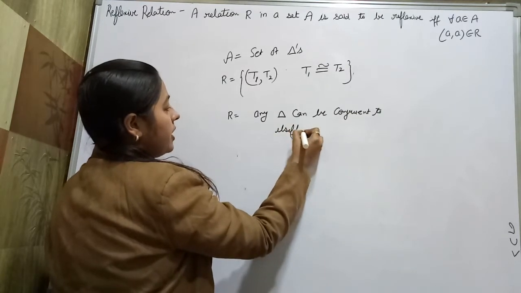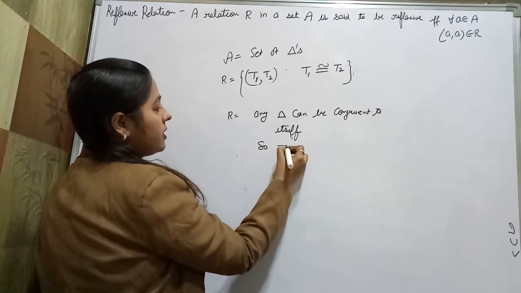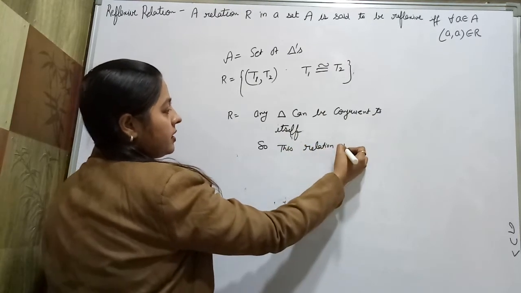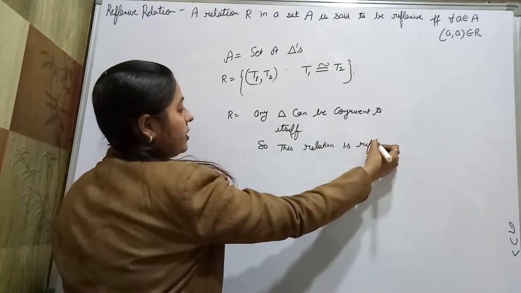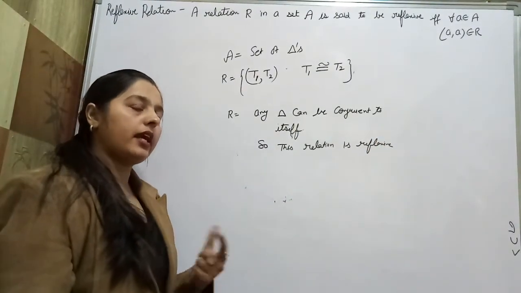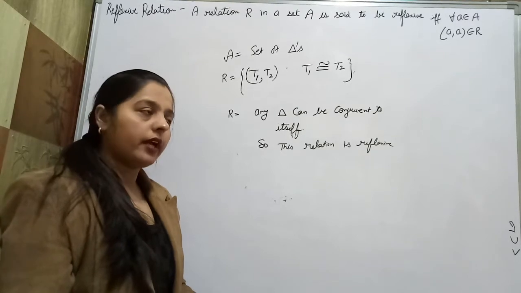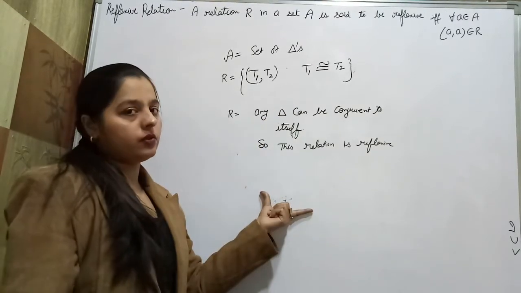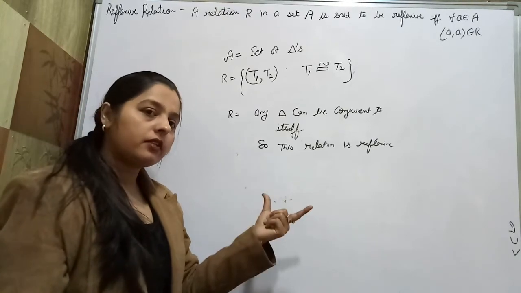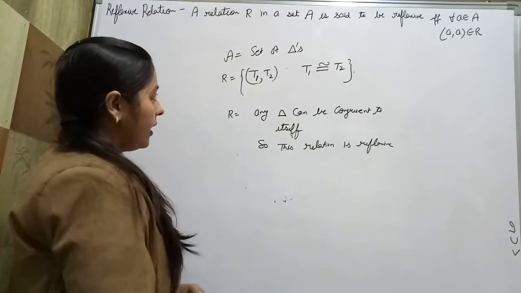So this relation is reflexive. How is it reflexive? Because you may easily see that any triangle can be congruent to itself, right? So the congruency relation is also one of the examples which will always be a reflexive relation, right?